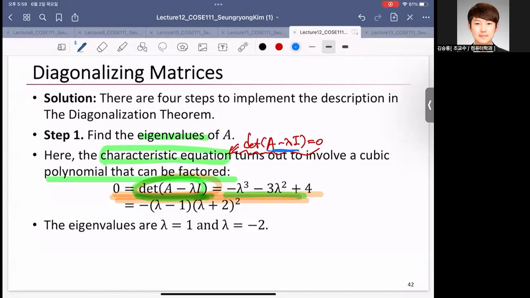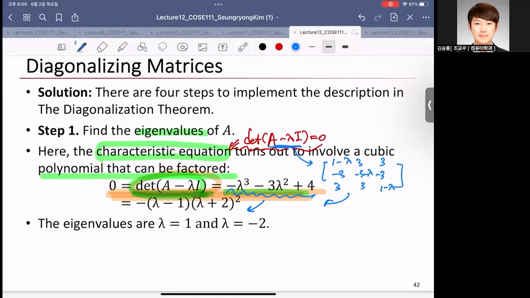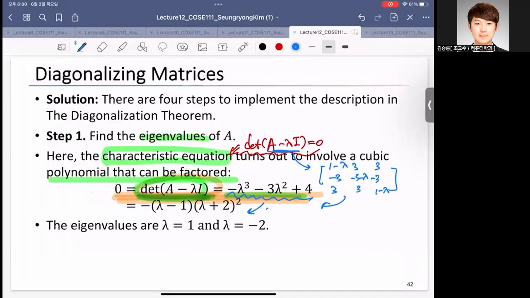Anyway, A minus lambda I was 1 minus lambda, negative 3, 3, 3, negative 5 minus lambda, 3, 3, negative 3, 1 minus lambda. Then your characteristic polynomial is going to be like this. And you can factorize it like this by the rule of factorization.